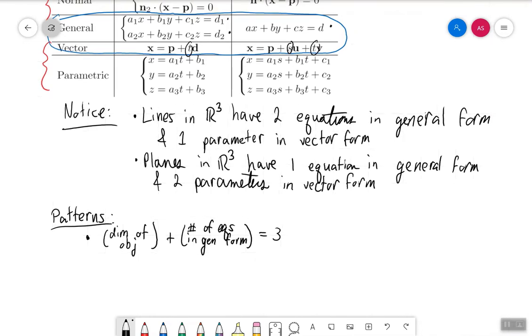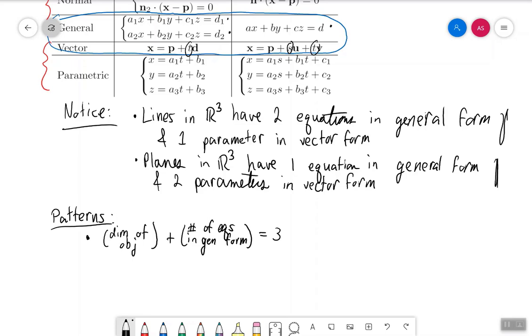Well, here for the lines, we have two equations in general form, and we have a one-dimensional object because a line is one-dimensional, and 2 plus 1 is 3. Okay, that works there. And over here for planes, we have a two-dimensional object plus one equation in general form, which is 3.